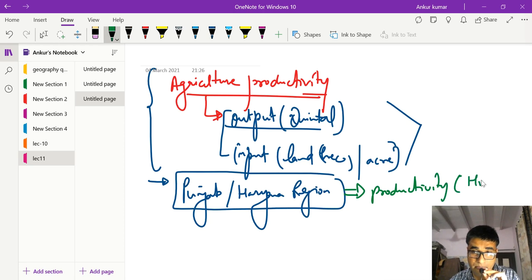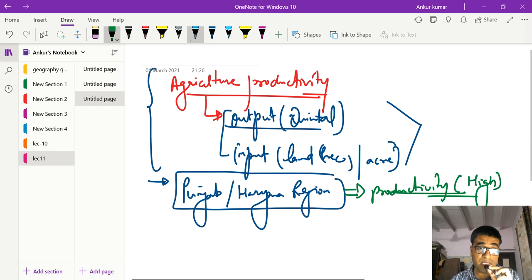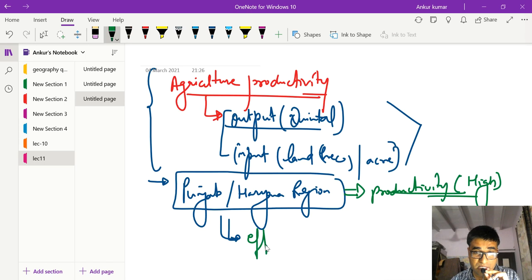Productivity is high. But in the same Punjab Haryana region, the agriculture efficiency is very low. Why am I saying this? Because productivity is simply measuring the output by input in terms of quintal, and in the Punjab Haryana region, the output in terms of quintal is huge.